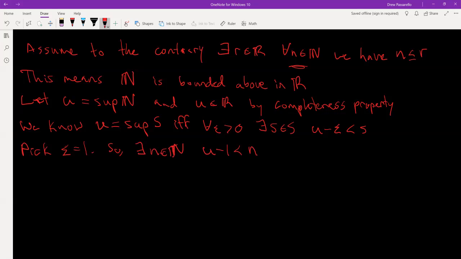I'm picking epsilon to be 1 since this has to apply to all epsilon. So since U is the supremum of the natural numbers, there exists some natural number n such that U minus 1 is less than n. Well, that means if you add 1, you have U is less than n plus 1.